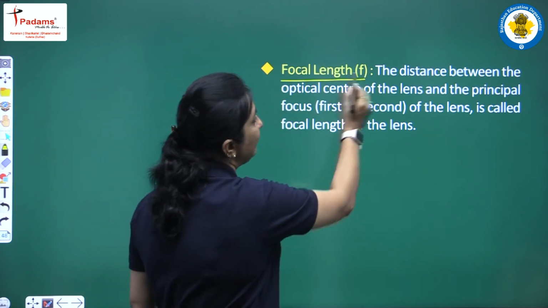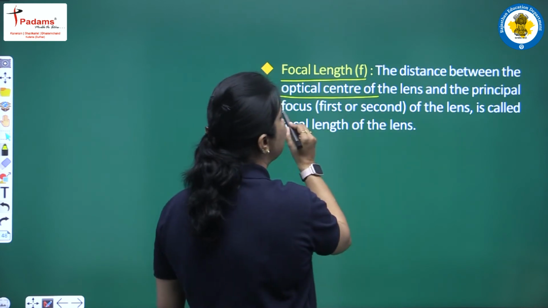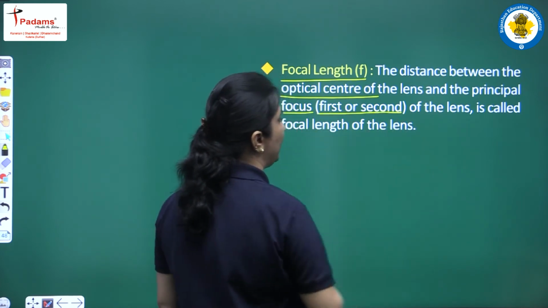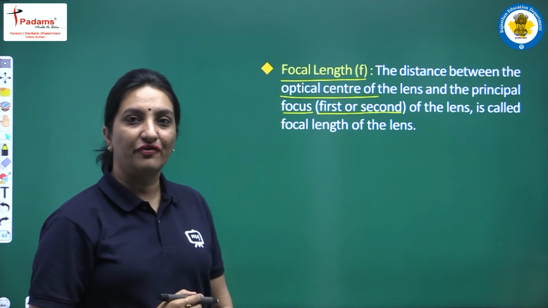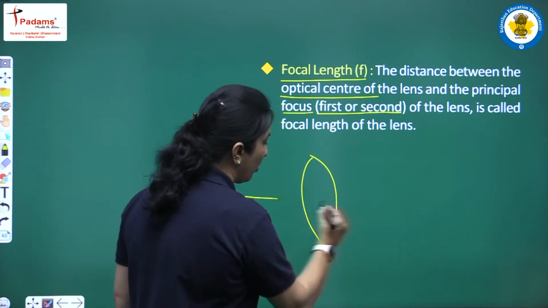Now the focal length f: the distance between the optical center of the lens and the principal focus, first or second, of the lens, is called the focal length of the lens. This we can see in the case of a convex lens.